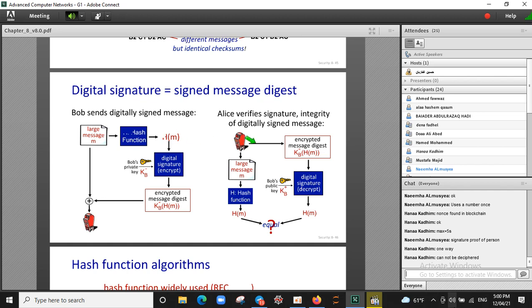So in the receiver, firstly, we should decrypt the hash using the public key of Bob, and at the same time, we hash the received message by the hash function. We have a hash here and a decrypted hash here. So simply we should check them.